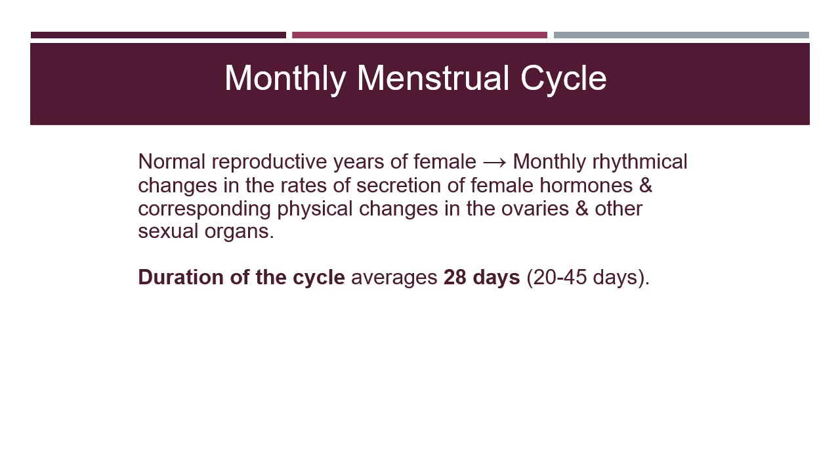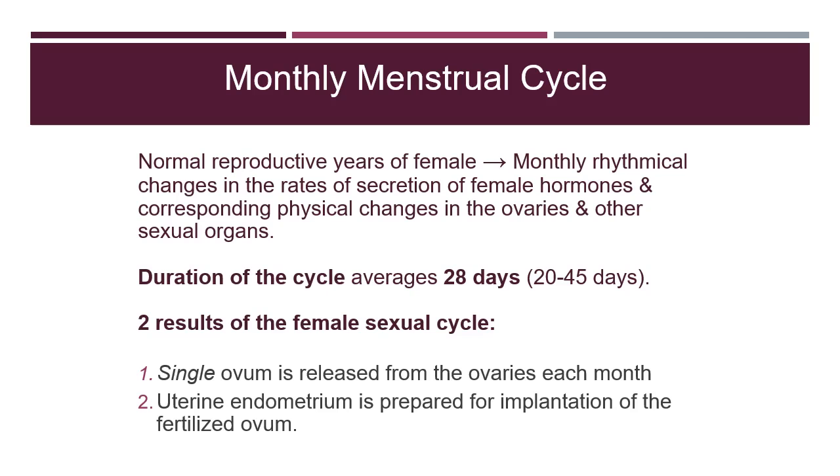There is another type of cycle, the ovarian cycle, which consists of changes according to different stages of development of the ovum in the ovaries. The average duration of the cycle is about 28 days, but the range is between 20 and 45 days.